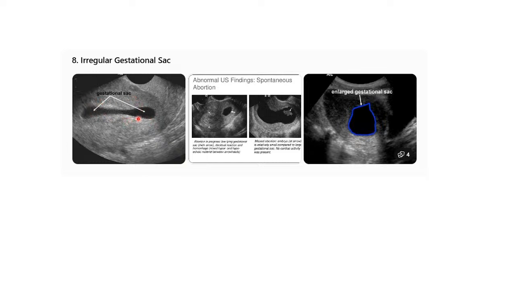Don't see this and record that it is normal, and then try to measure the mean sac diameter. No. Look, this is an irregular sac, look how enlarged it is. So what we have here, guys, is another sign of a failing pregnancy: an irregular gestational sac.